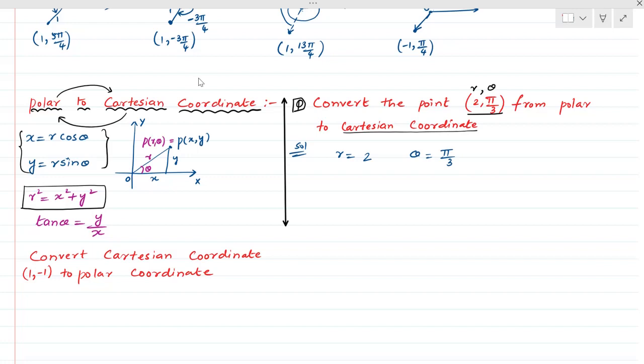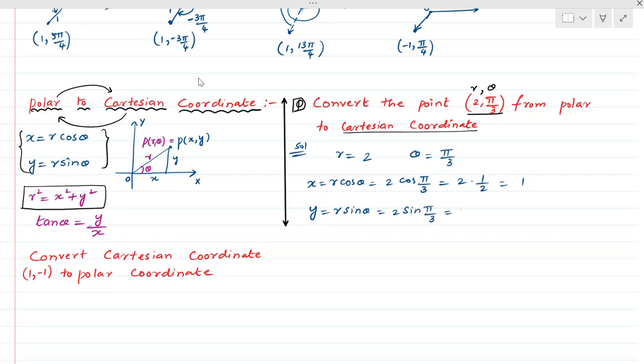What is x? We have taken the parametric form of the polar coordinate: x is r cosine theta. Substituting, r is 2, so 2 cosine pi over 3. Cosine pi over 3, which is 60 degrees, is 1 over 2. So if you cancel, you will get 1. y is equal to r sine theta, which is 2 times sine pi over 3.